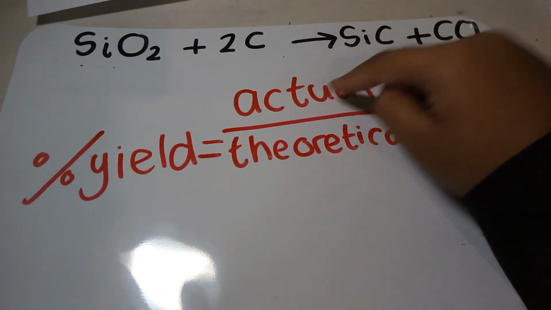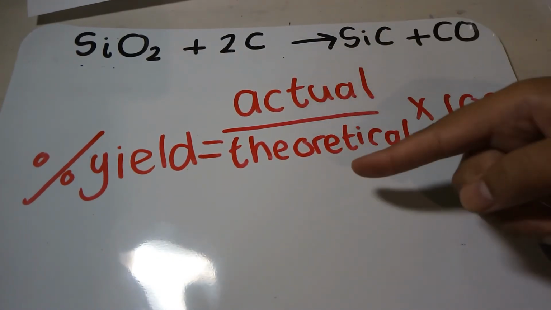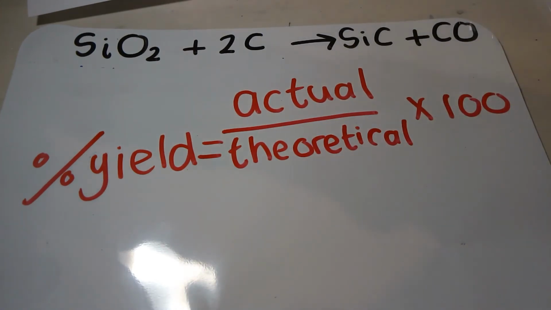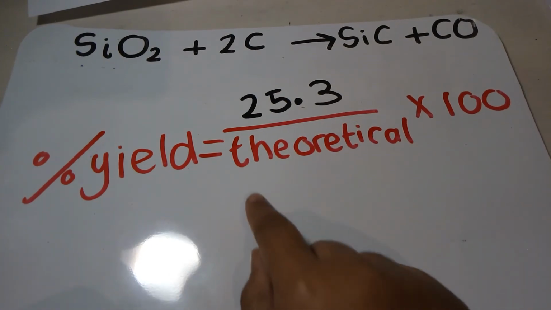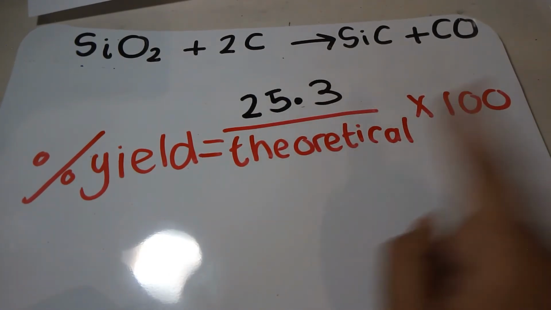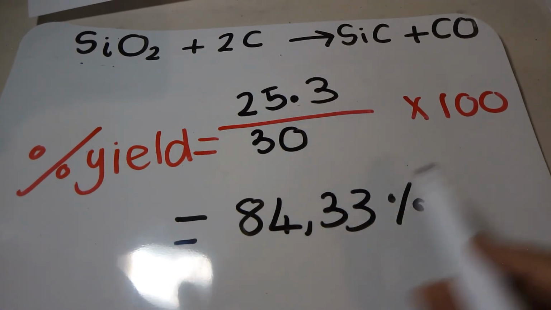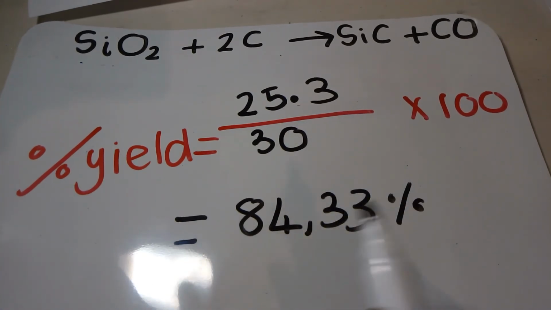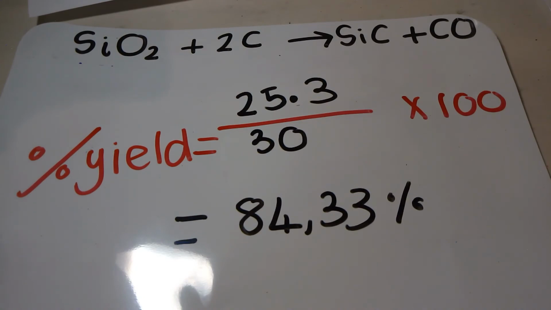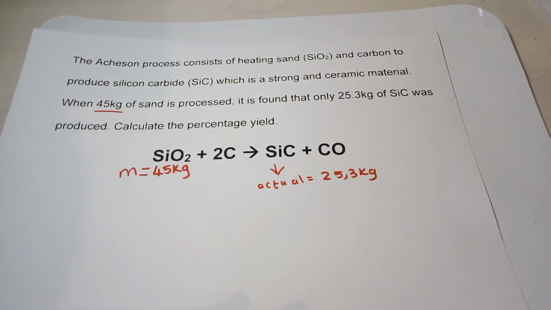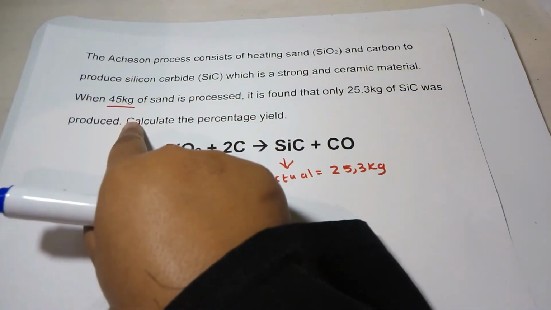Remember, this you were given in the question, this you calculated, and then you multiply that by 100. So let's substitute our actual yield and the theoretical yield we calculated. When we do that, we find that we have achieved a percentage yield of 84.33%.